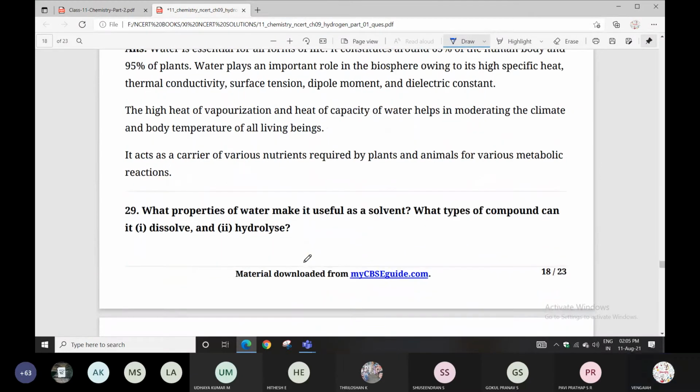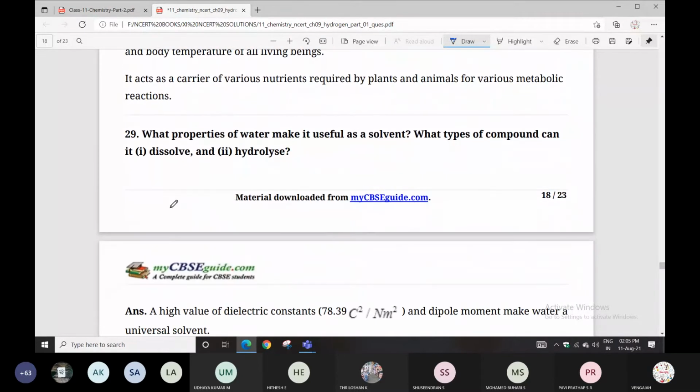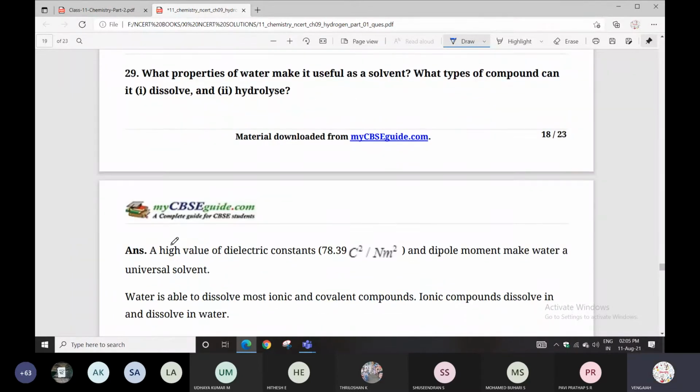Next one is, what properties of water make it useful as a solvent? What type of compounds can it dissolve or hydrolyze? A high value of dielectric constant and dipole moment make water a universal solvent.